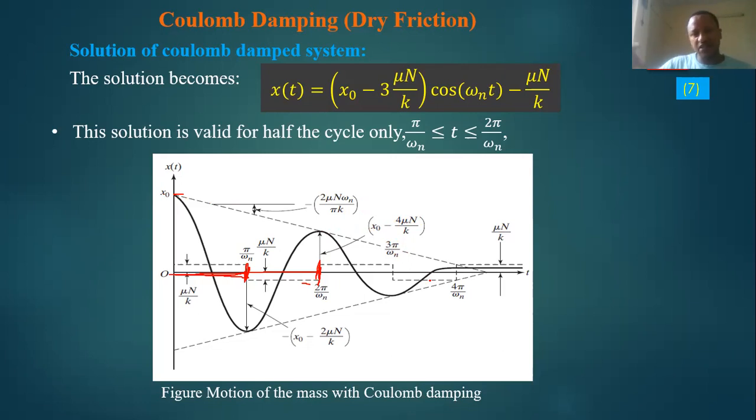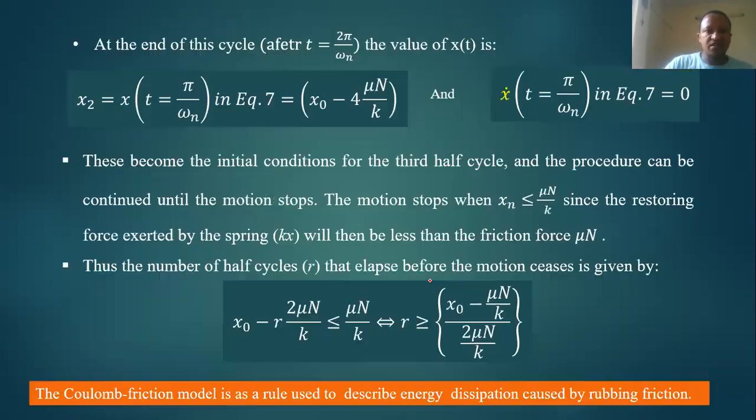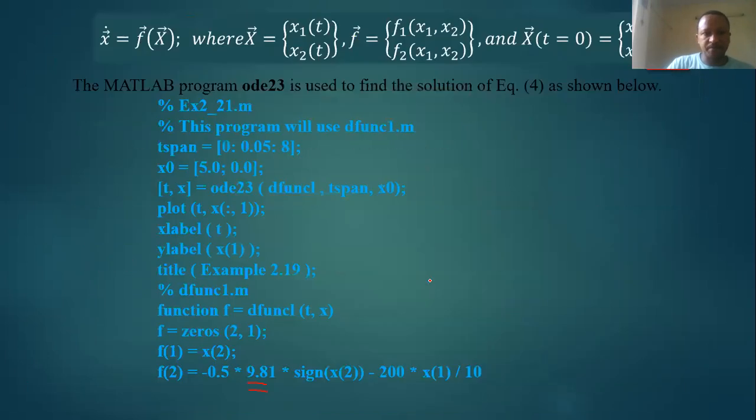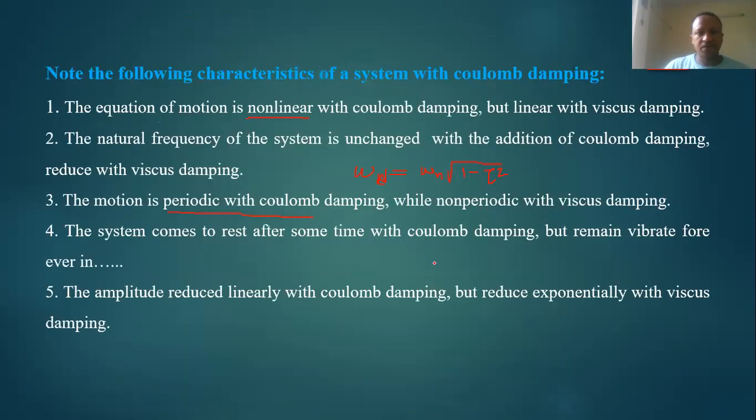But there the reduction is logarithmic, e to the power of some value. So viscous damping is not like that. The system comes to rest after some time with Coulomb damping. In the case of viscous damping, it will vibrate, but takes a long time.